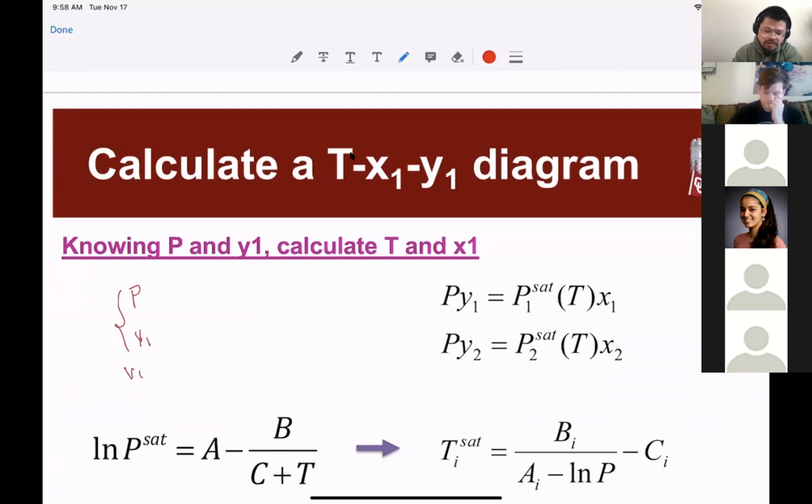So we are moving from the vapor and we need to figure out the liquid composition. We also need to figure out the temperature. So this is, again, the dew-point calculation, moving from the vapor, trying to understand the liquid, okay? This is why it is the dew-point calculation, and we need to figure out the temperature.